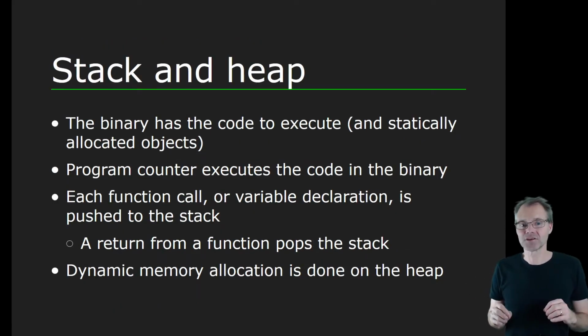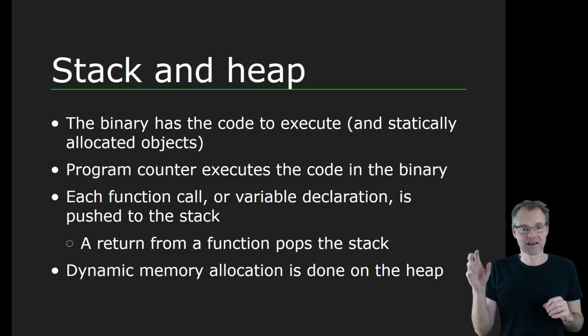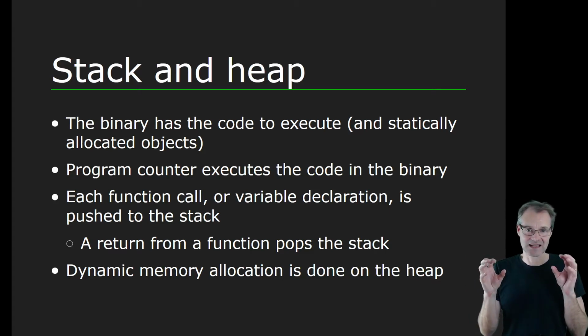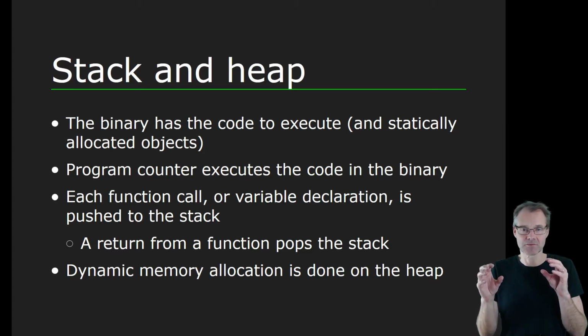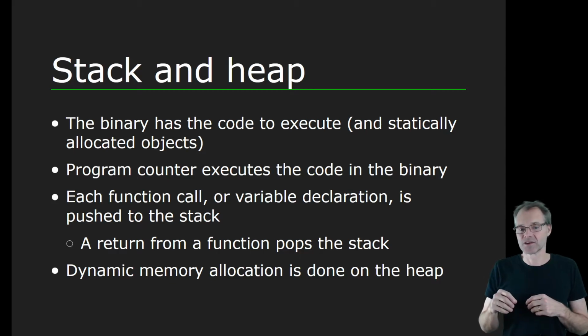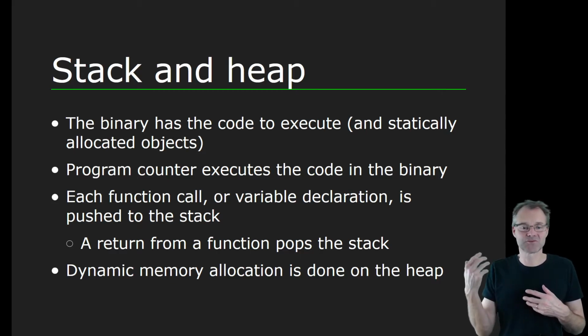So I talked about the stack and the heap. Let's take it once more then. The binary has the code to execute and statically allocated objects. So that is the binary. It contains the code plus some data variables defined in the code. When we try to execute it, the program counter executes the code in the binary.